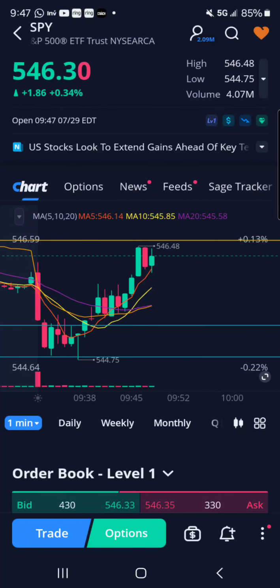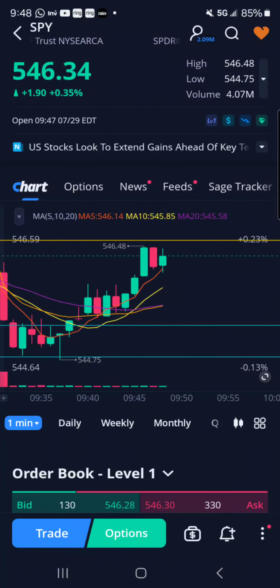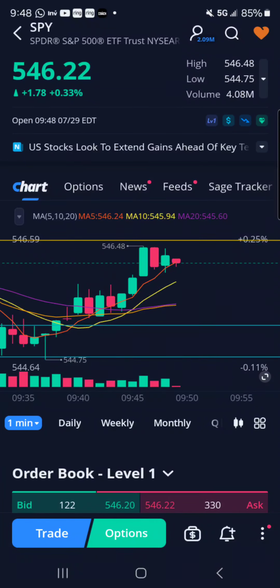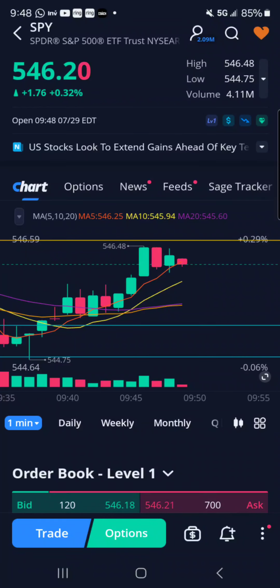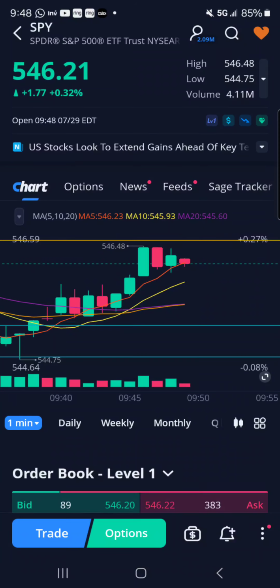Alright. So time 9:48, going to 10 o'clock, we usually have news events, all different types of economic news that could change the trajectory of the market. So I don't like holding to after 9:50 because I know price action will most likely change during that time.